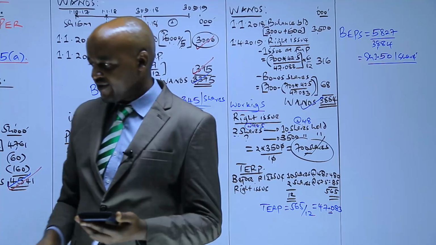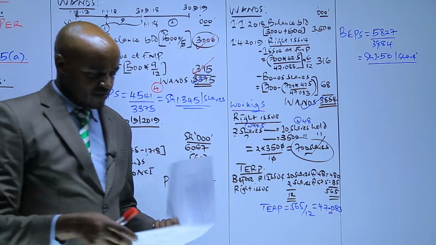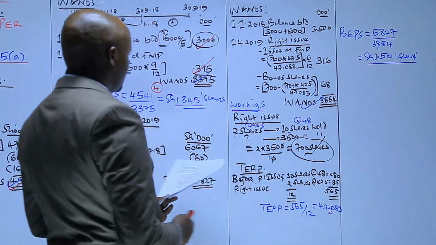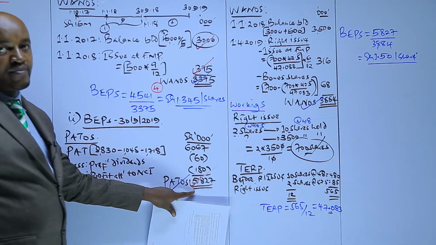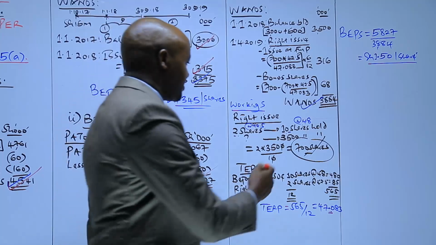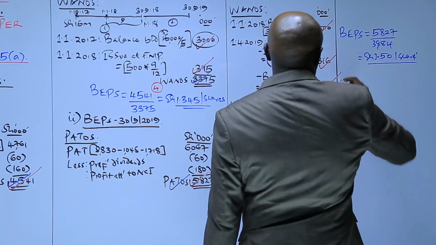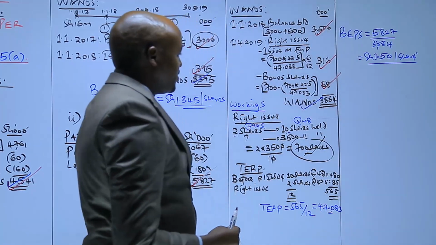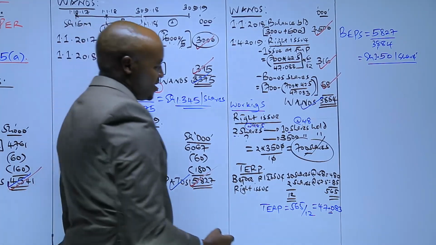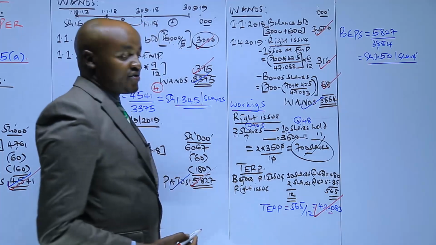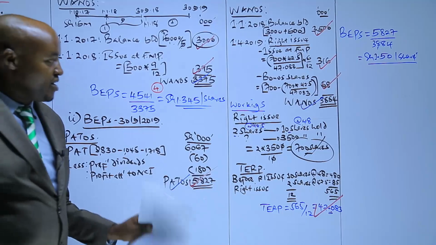Basically, that's what was required as far as that question is concerned. And how many marks were allocated in that particular question? 6 marks. So definitely, one of the items to be marked was the profit attributable to ordinary shareholders, determining the number of ordinary shares issued and fully paid at the start of the year, and also computing the number of shares issued during the rights issue, splitting them into 2 components, shares issued at full market price and the bonus element, and also the theoretical ex-rights price, which is allocated a mark, because most students have a challenge in computing that.